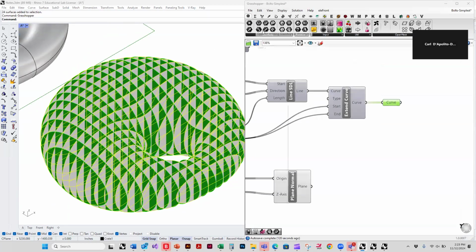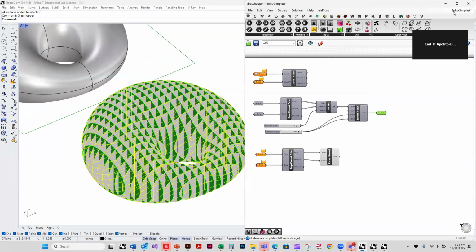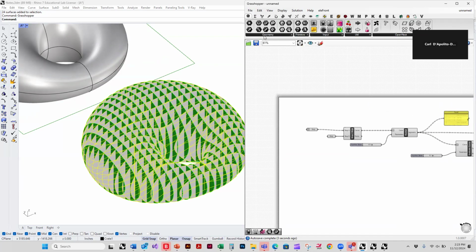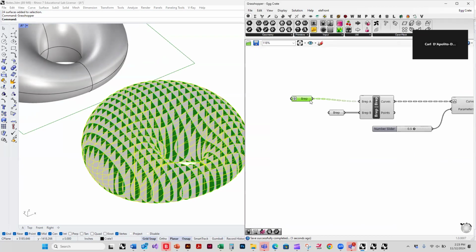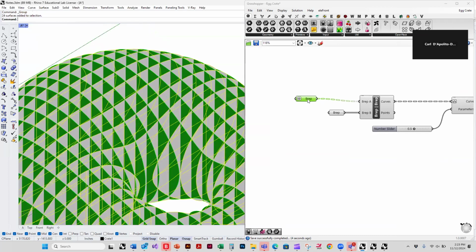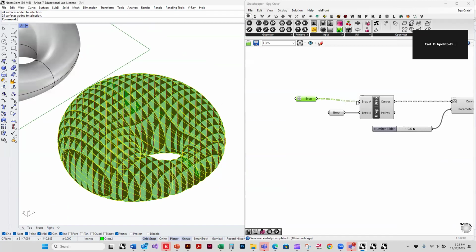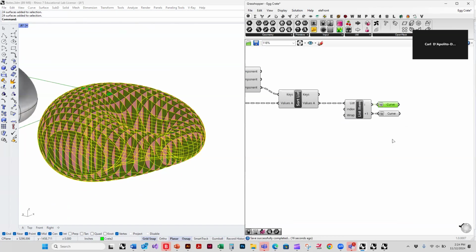Basically, what it does is, okay, so this takes one set of surfaces in one direction, another set of surfaces in the other, intersects them, and then splits out the split intersections into two groups.